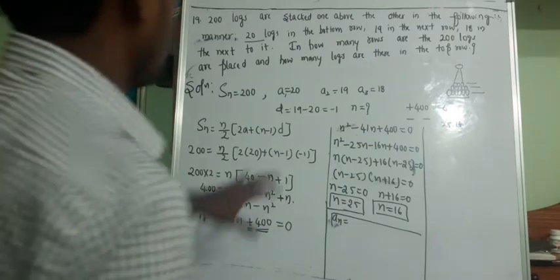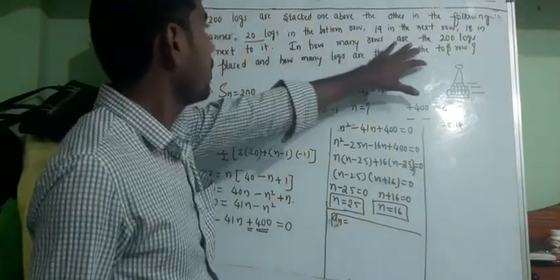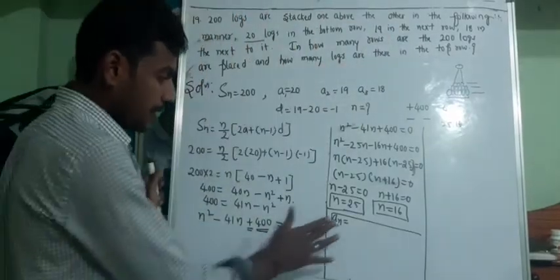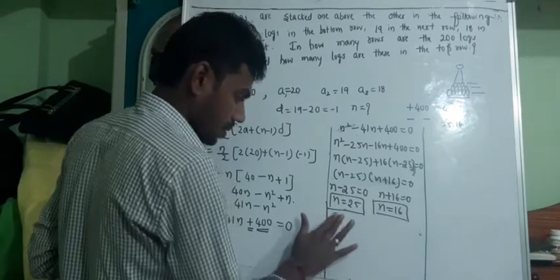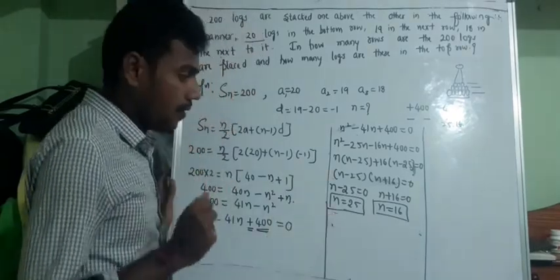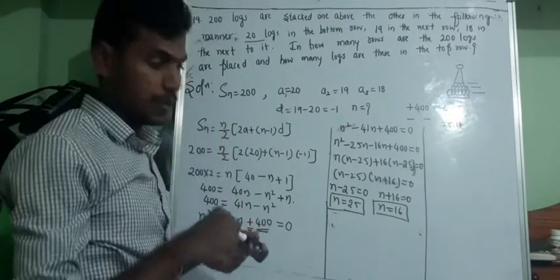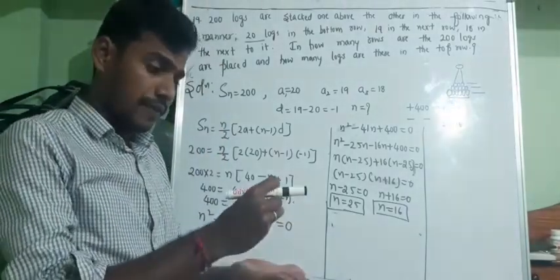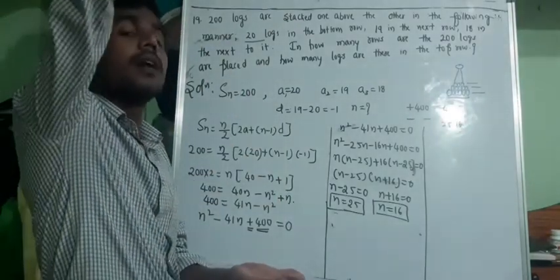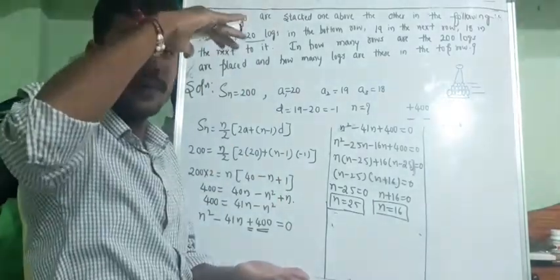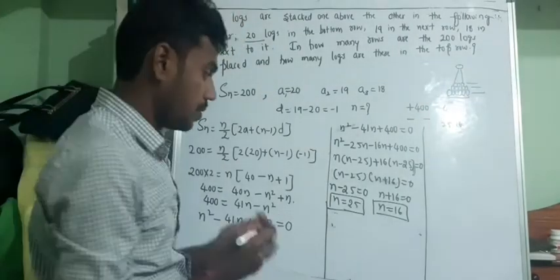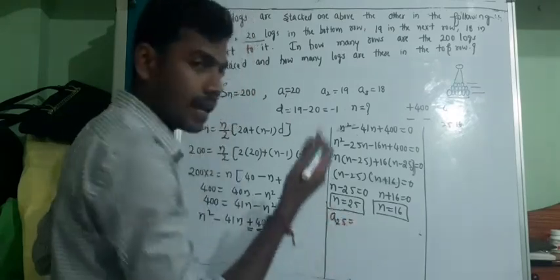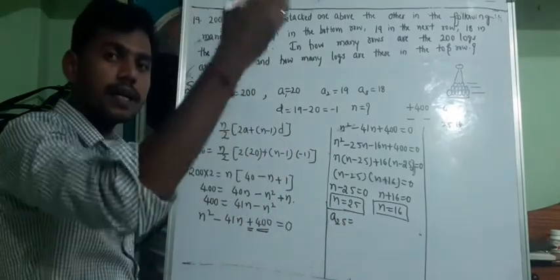See, they asked us to calculate how many logs are there in the top row. If I consider there are 25 rows, then the top row will be the 25th row. So if I am considering the bottom row as the first row, if I say there are 25 rows, it means the top row will be the 25th row. So if I find the value of A25, then I will get the number of wooden logs that are there in the 25th row.